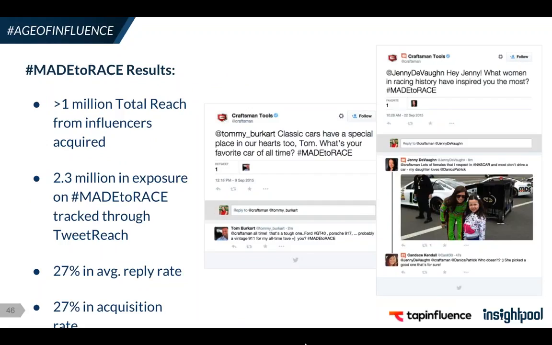People were sharing some of the content, including a NASCAR driver jumping into the conversation, sharing how excited she was about this sponsorship that Craftsman was part of, and also increasing the reply rate and the overall activity. Craftsman was able to build a whole net new audience of influencers, really in that power middle space.